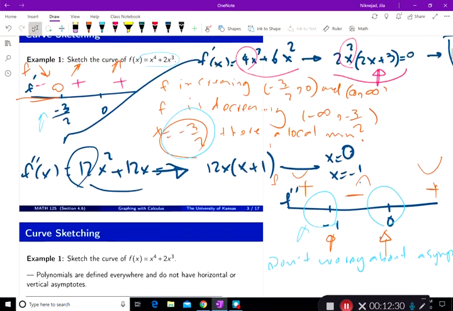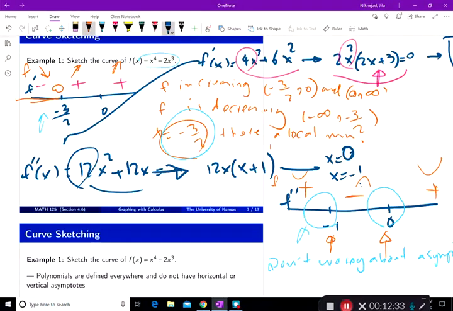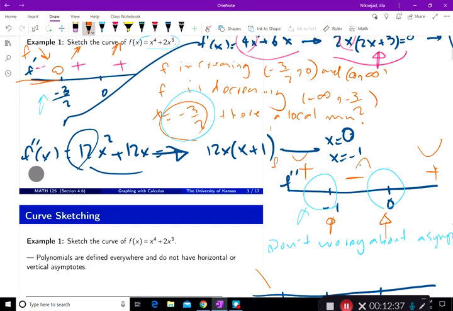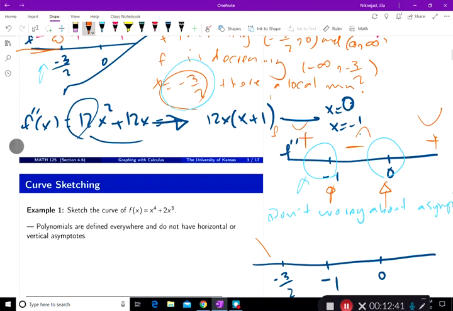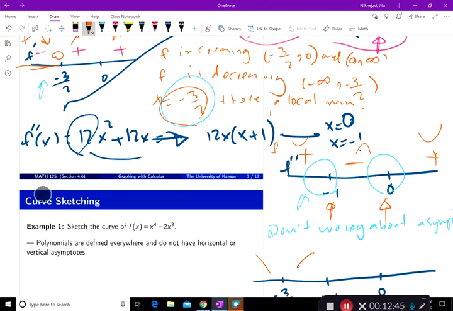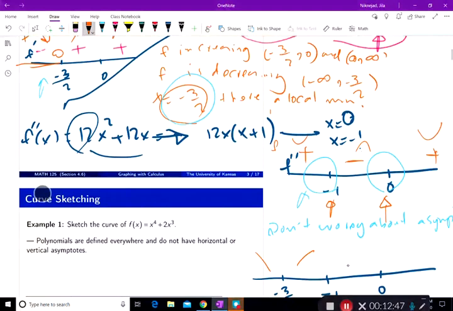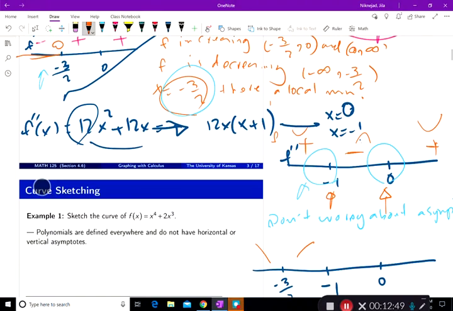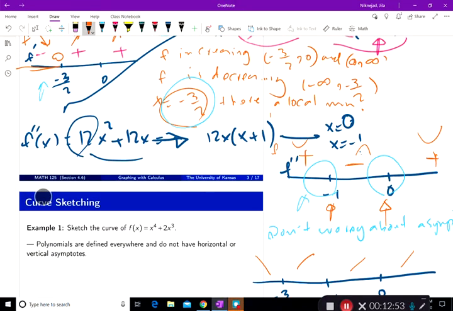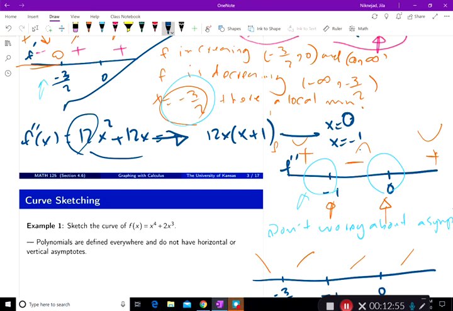Anything before -3/2 is decreasing. That's the tangent line. Between -3/2 and 0, it's going to be increasing, and then after that also is going to be increasing, right?